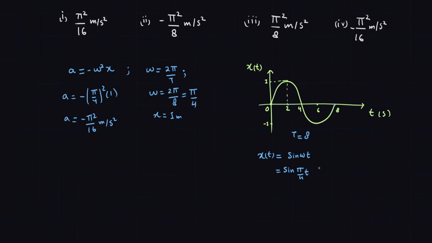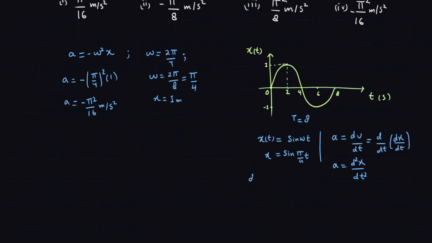Now we know acceleration is the time rate of change of velocity, and velocity is the time rate of change of displacement, that is dx by dt, so acceleration will be d2x by dt square. So x is to be differentiated twice to get a.